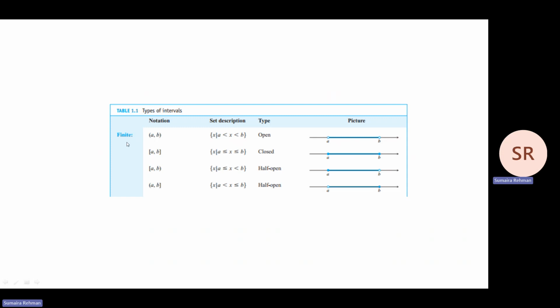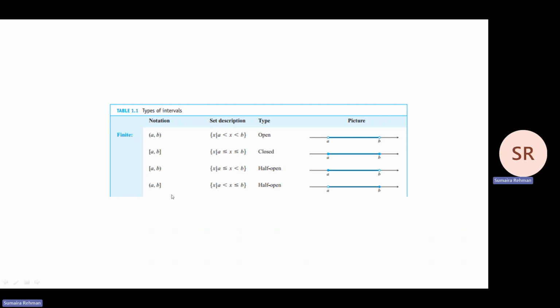A finite interval is an interval where we know both the starting and ending points. The starting point is called the lower bound, and the ending point is the upper bound. All those intervals are finite intervals.